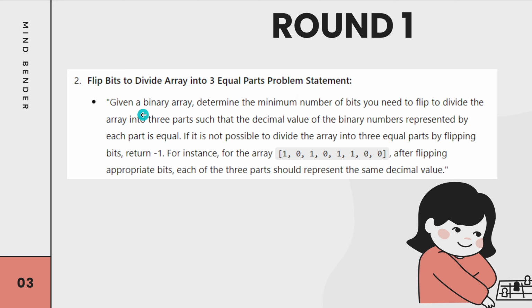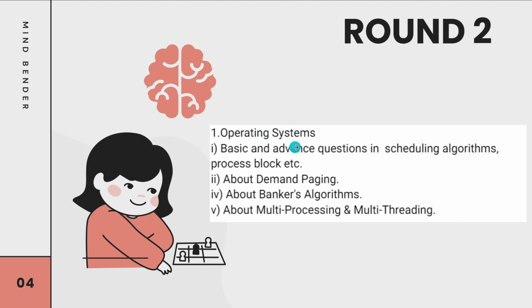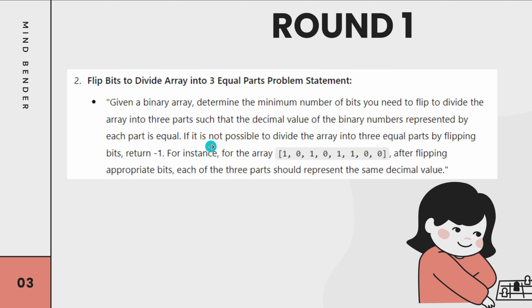The problem statement is: given a binary array, determine the minimum number of bits you need to flip to divide the array into 3 parts such that the decimal value of the binary numbers represented by each part is equal. If it is not possible to divide the array into 3 equal parts by flipping, return -1.